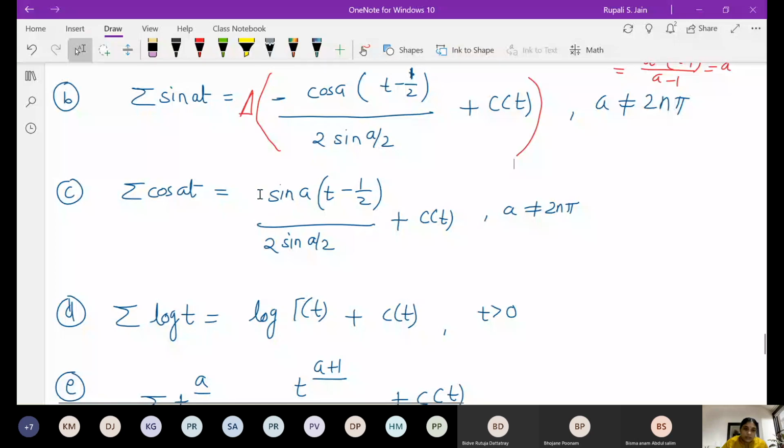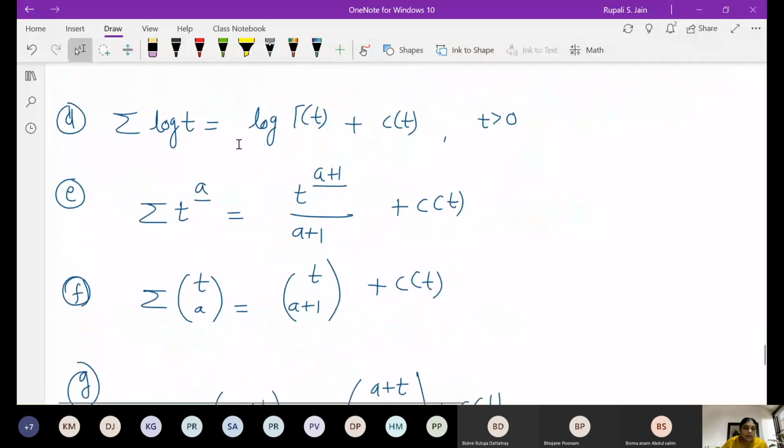Delta cos at: if I operate delta on this, I will get cos at. Similarly, what is delta operated on log gamma t? It is log t. Are you getting this theorem?